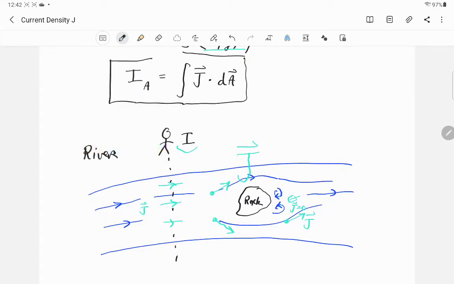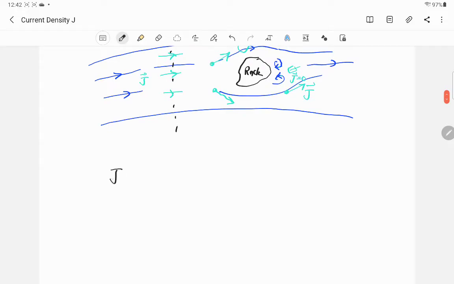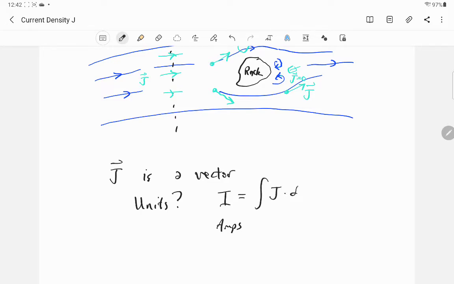Here's an interesting thing. J is a vector. Let's wonder about its units. The current is going to be in amps, for example, the SI unit, and it's the result of adding up a bunch of areas, which in SI units is meters squared.